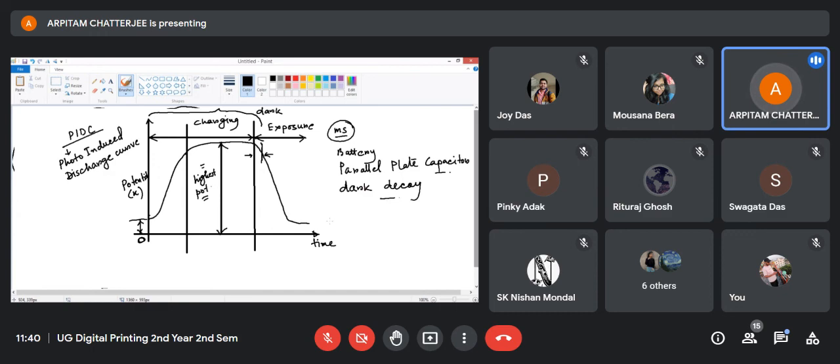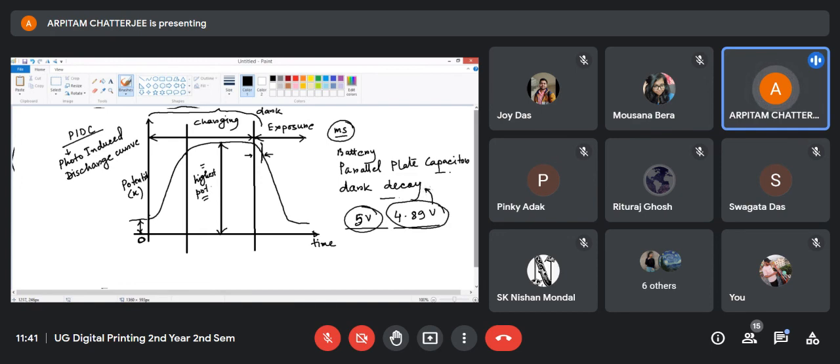Say, for example, the potential should be something like 5 volts. I'm just giving a very rough example. When you start the exposure, you know there are 5 volts, so you have to decrease it. But you may see it's not exactly 5 volts, it may be 4.89 volts. This potential drop is called the dark decay.